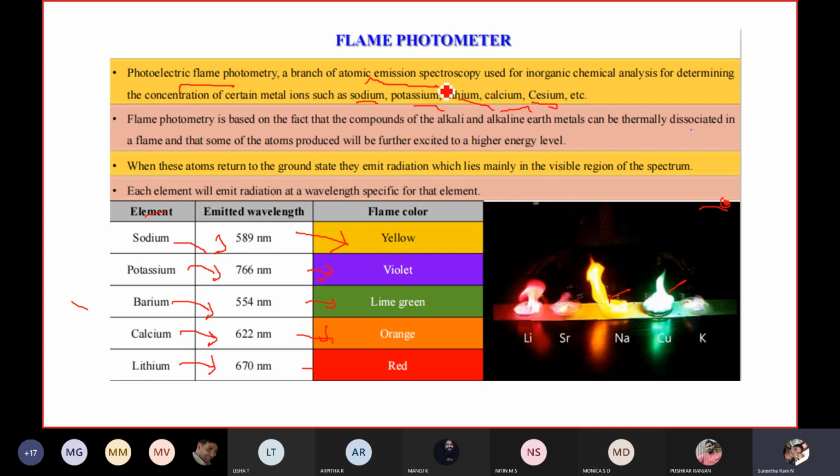It works on the principle of atomic emission at an atomic level.